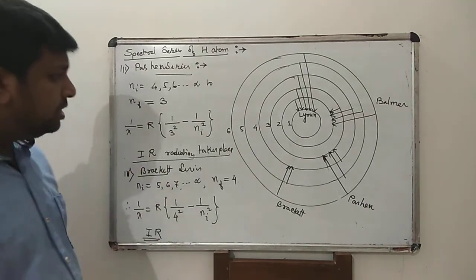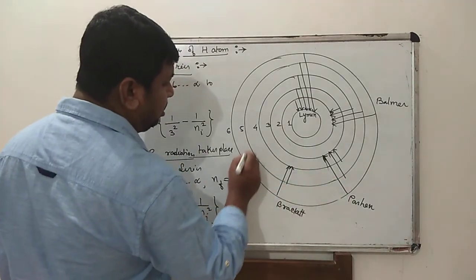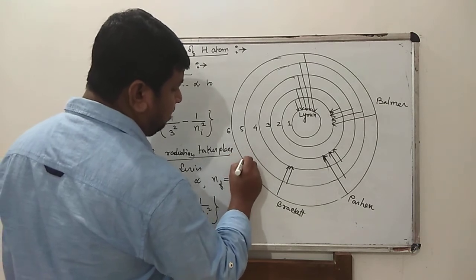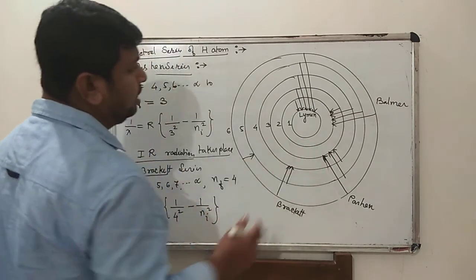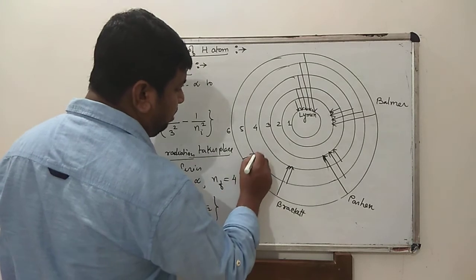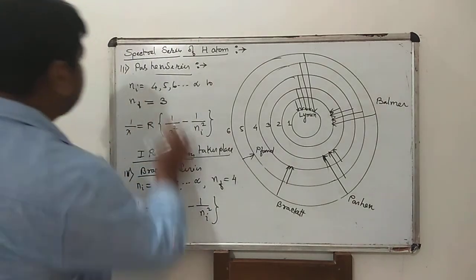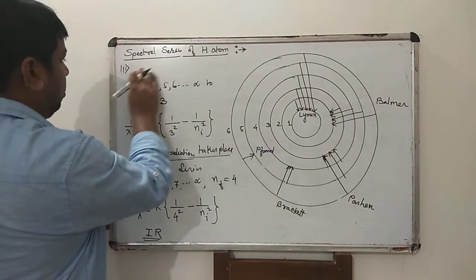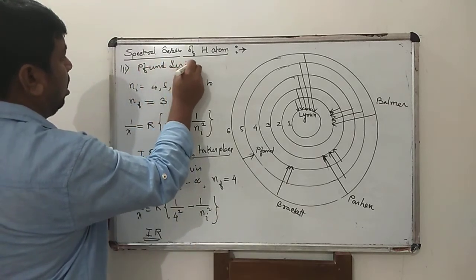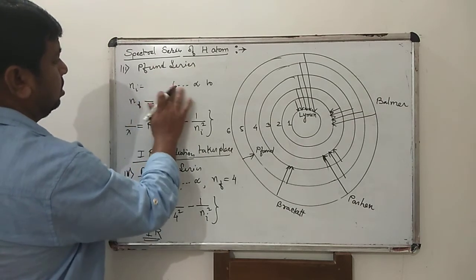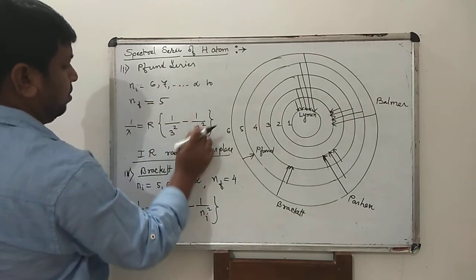Okay. So the last one is Pfund series. In that case the ground state is 5. So here this is Pfund series. These transitions occur from 6, 7, like this, to N equals 5. This is Pfund, that is Pfund series. Okay. This is 6, 7, infinity to 5.